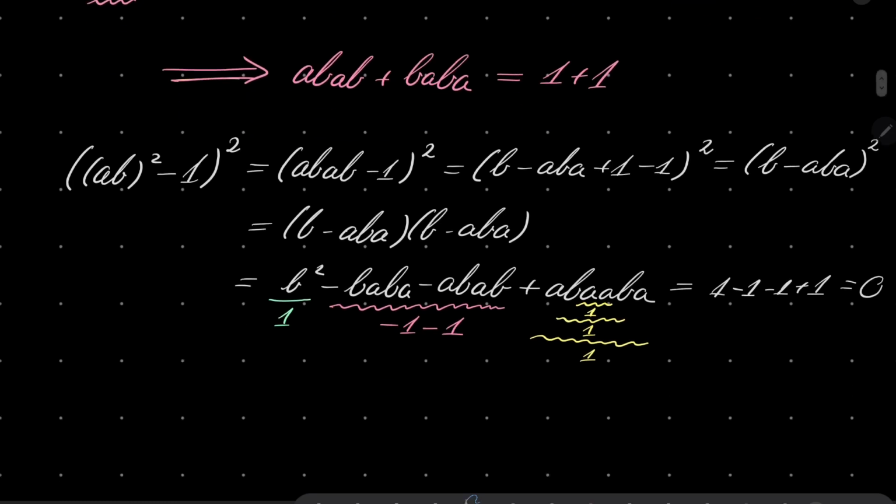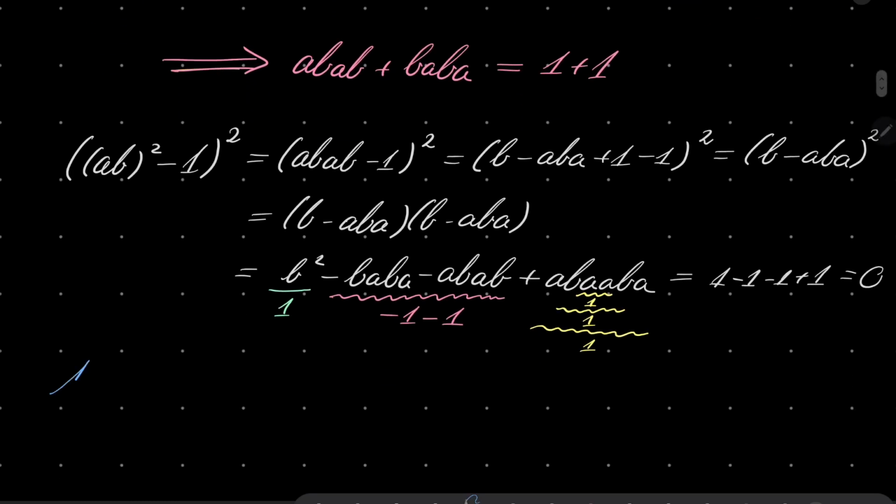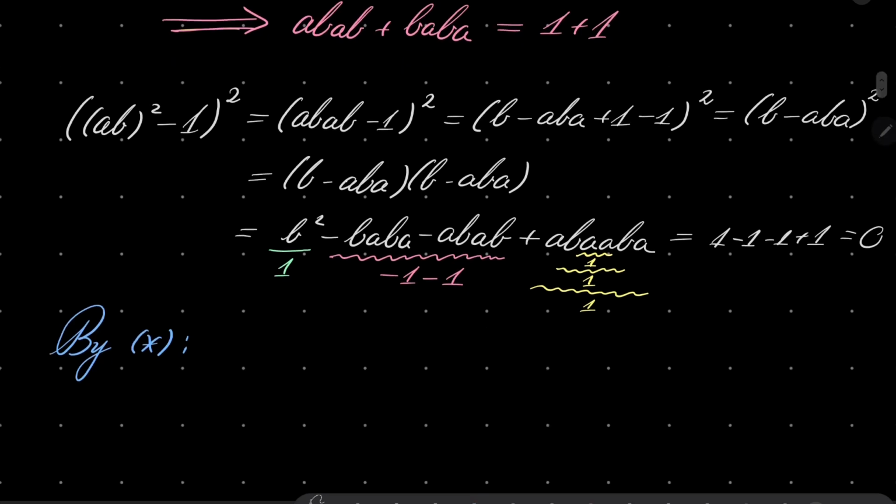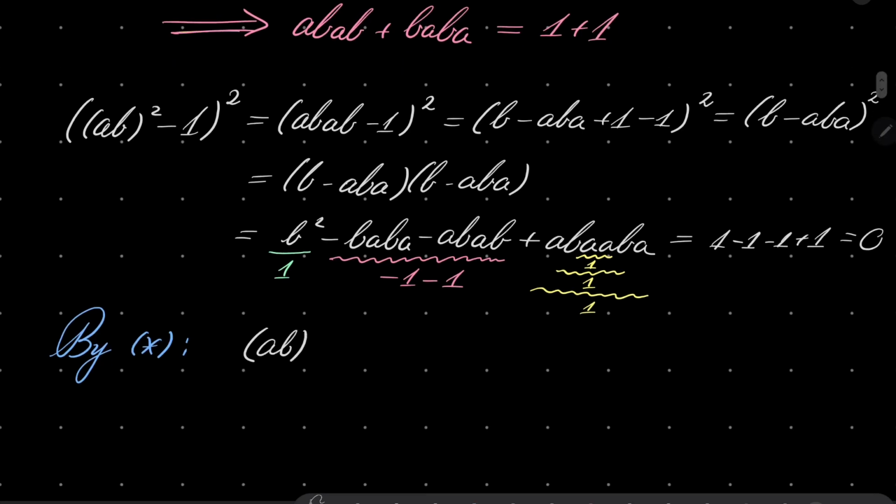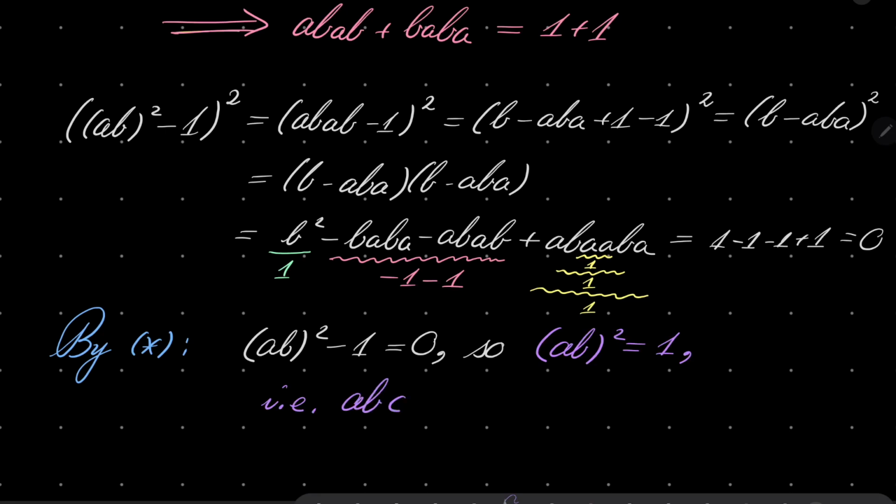And once again, we will use our property asterisk, our defining property of our ring. Since this squared is 0, the number inside must be also 0. So AB squared equals 1, i.e. element AB is in our set B, which means that our set B is closed under taking products.